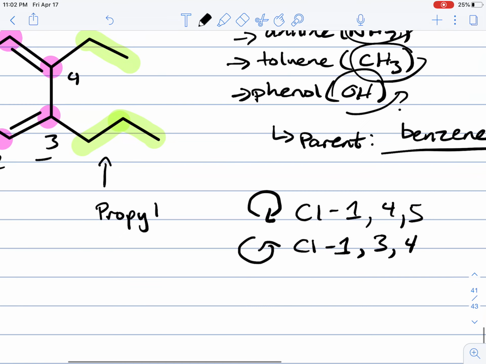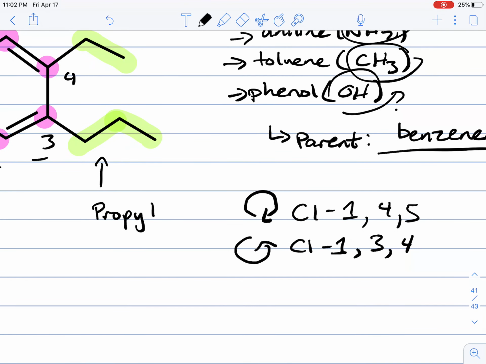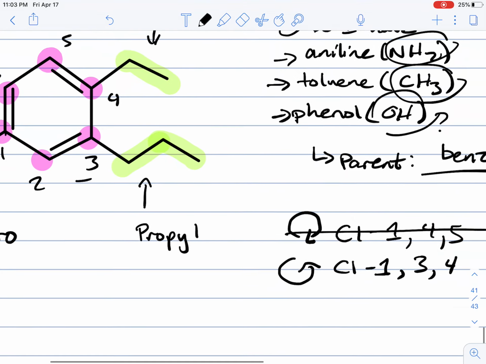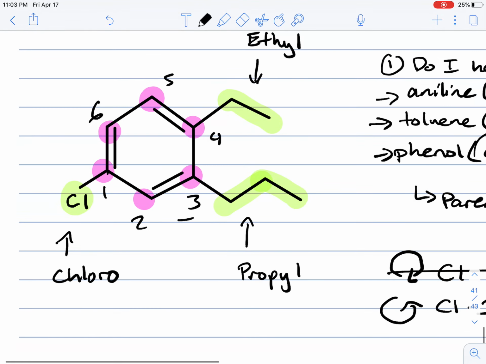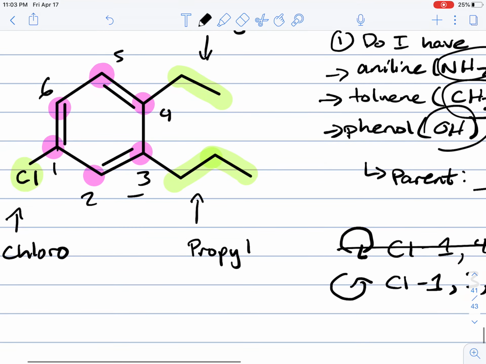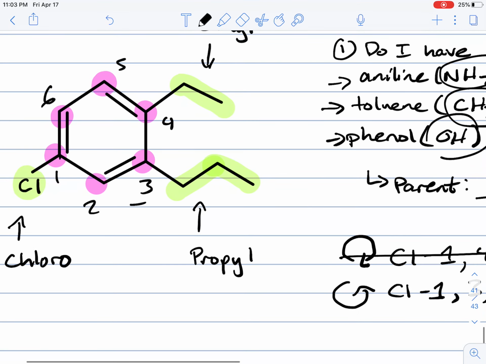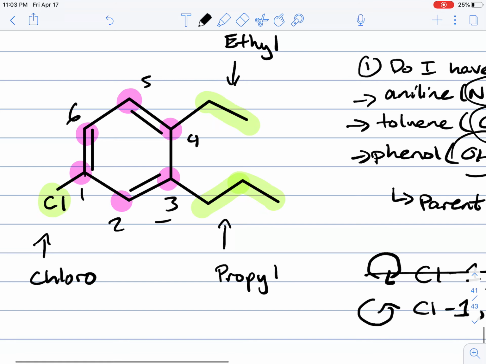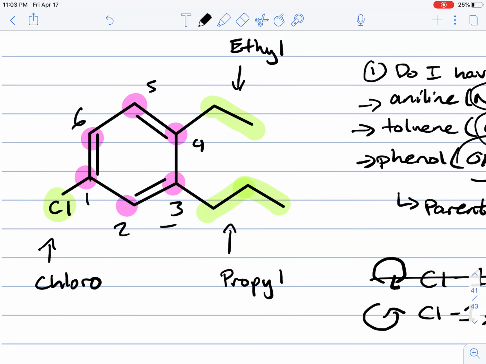And so it looks like chlorine 1, 3, and 4 is much more preferable than chlorine 1, 4, 5. Now that I've done the chlorine clockwise and counterclockwise, I'm going to go ahead and do the same for the other two.